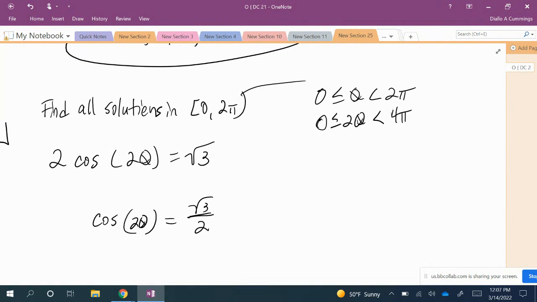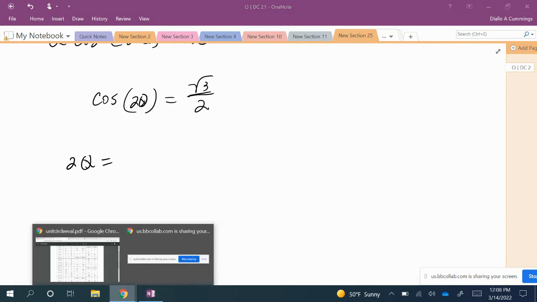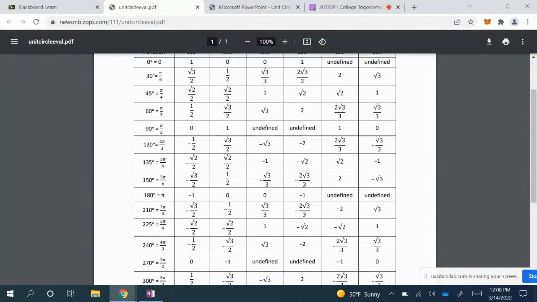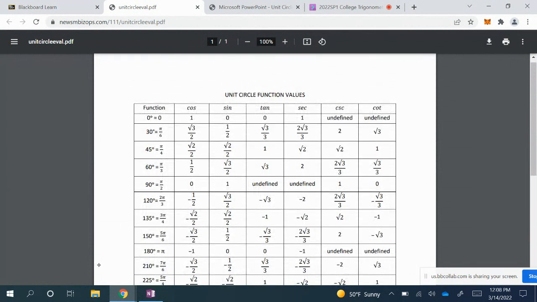All right, so this is how this is going to work. Here are our angle measures. We want to find all of the angles that have a cosine of square root of 3 over 2. So I'm going to bring up that unit circle function values chart. For cosine, we're in the second column, so we want all of the angles that have a cosine of square root of 3 over 2.